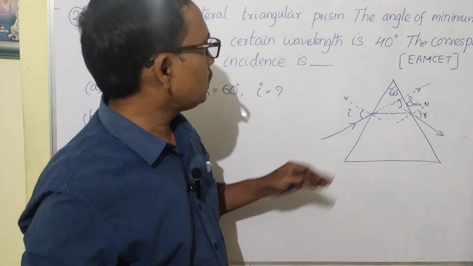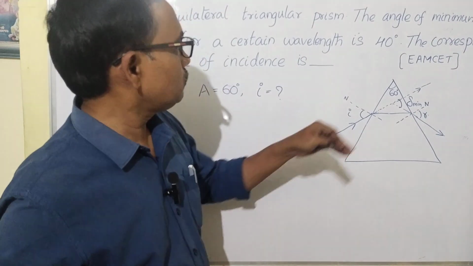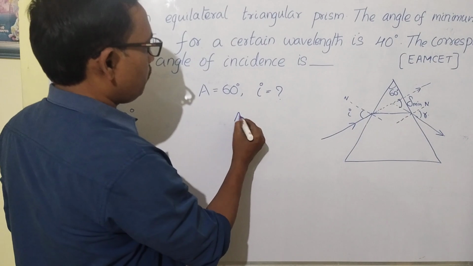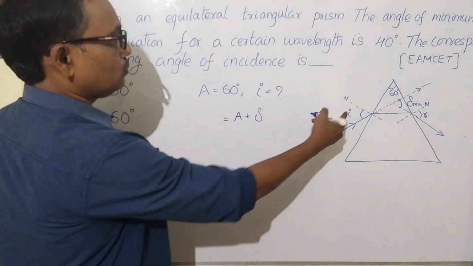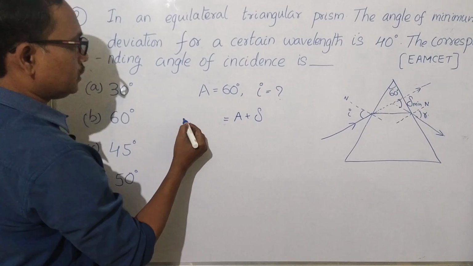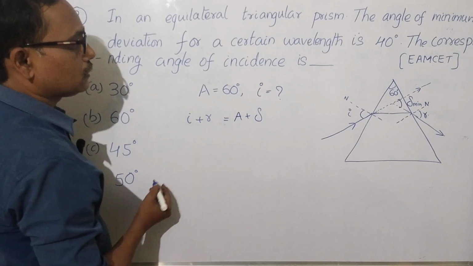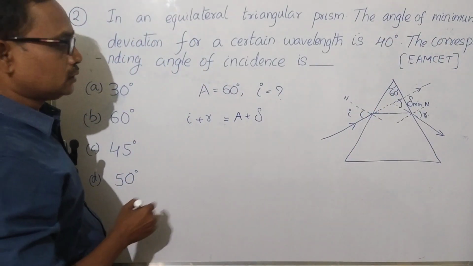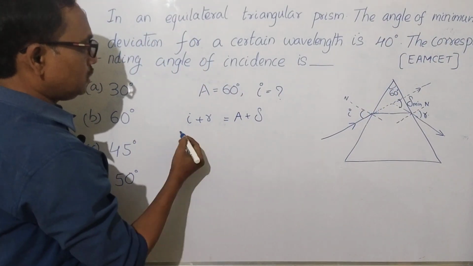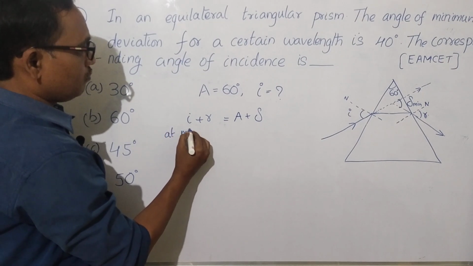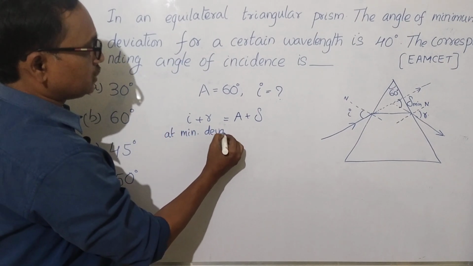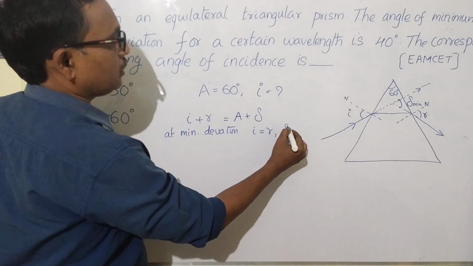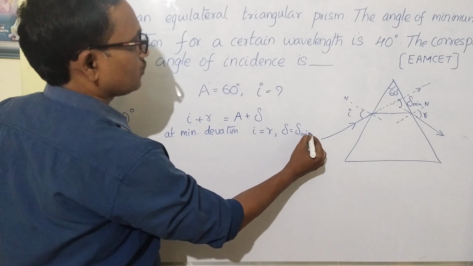So here, in the prism there is a derivation: the angle of the prism A plus delta is equal to the incident angle and emergent angle, I plus R. So he has mentioned here the minimum deviation point. At minimum deviation, I is equal to R and delta is equal to delta minimum.